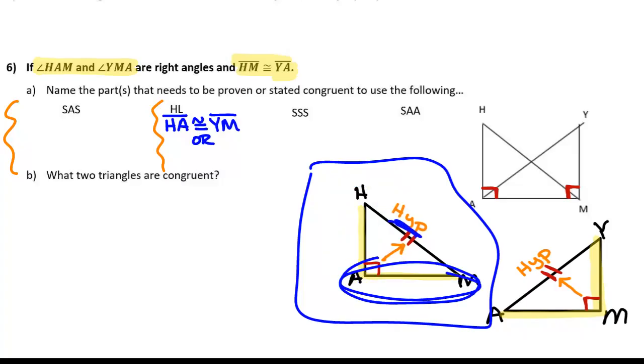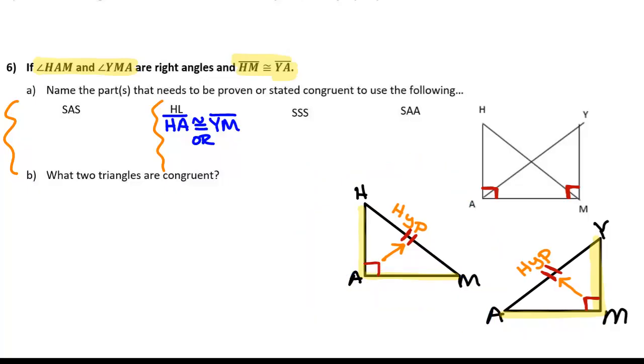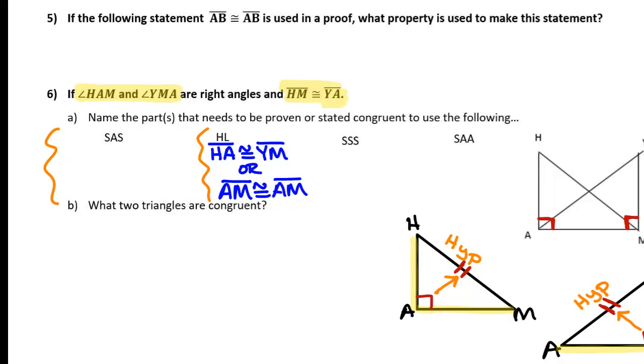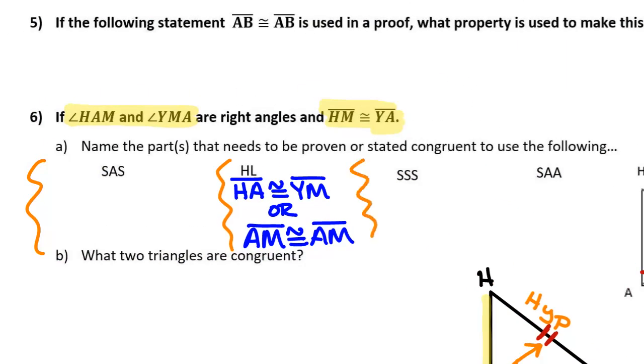HM is the hypotenuse, and I want the leg. So AM could be a leg, and that would correspond to what on the other triangle? AM. So I could show that AM is congruent to AM. Either one of those would allow me to use hypotenuse leg.